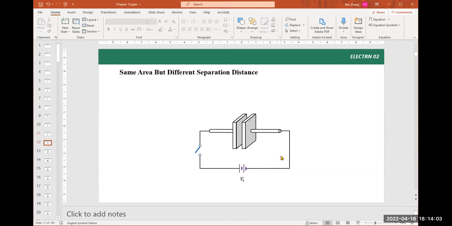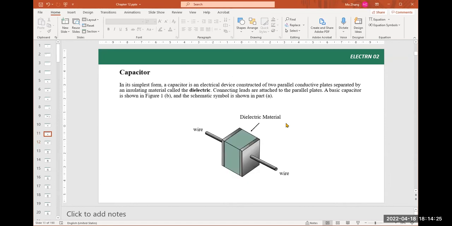But now let's do some analysis, because after the analysis we're going to come up with one important formula, the formula for the parallel plate capacitor. As long as we know those quantities, those factors, we can figure out the capacitance, which means how large this capacitor is.